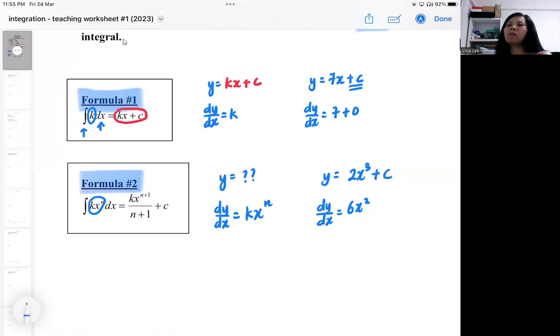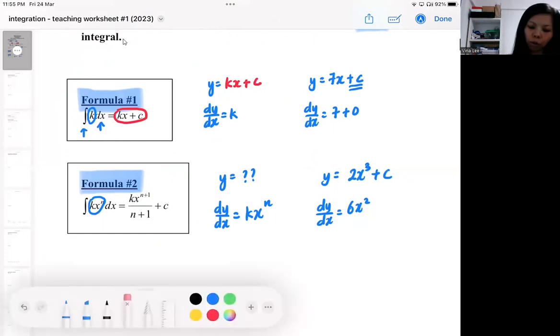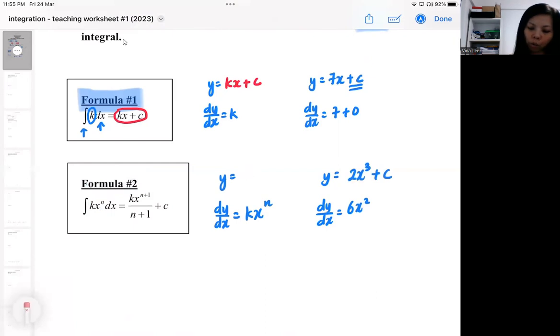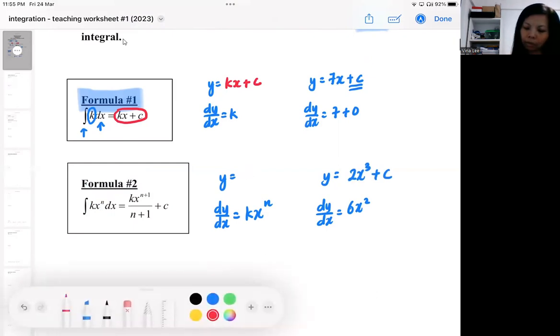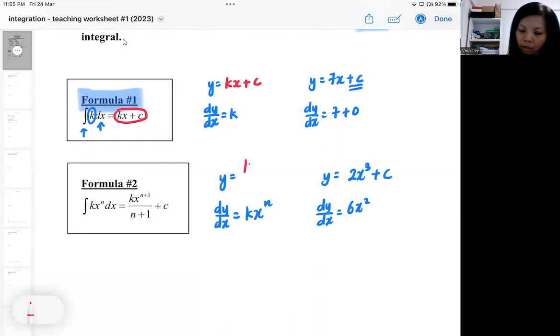So I think if you successfully manage to get the 2x cubed in your head, that means you are kind of returning the power. Because during differentiation, you bring down power, you minus power. So in the integration part, you are going to return the power. So previously you subtract 1 from the power. So now you're going to return the plus 1.